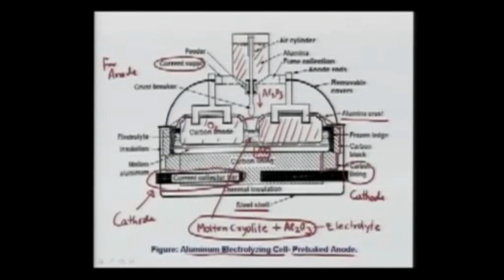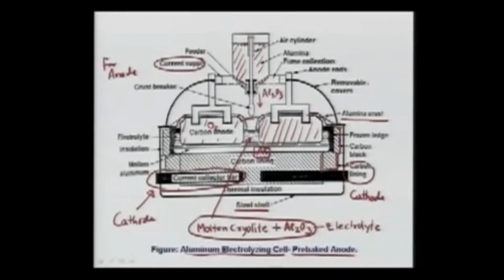So first you break the crust and this kind of hopper you see here drops the alumina in there. Once the alumina is dropped, it will dissolve into the cryolite and make electrolyte. The electric process will go and there will be production of the aluminium, and the oxygen will be going to the anode, and this anode, which is made of carbon, will be continuously consumed here.